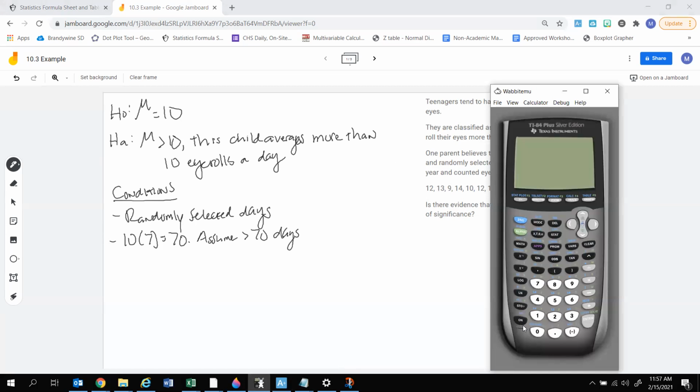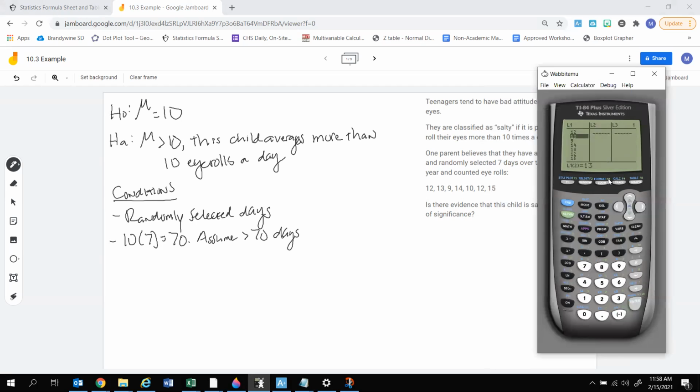All right. So let's go ahead and plug stuff into our calculator. I went stat, edit, and then I put the data set into list one. So the first thing I'm going to do is check for normality. There's a couple of different ways I could do that. I could just look at a box plot and see if it's obviously skewed or not.